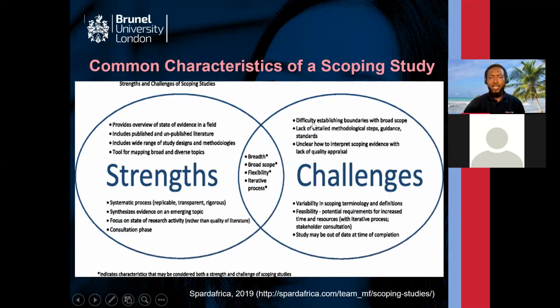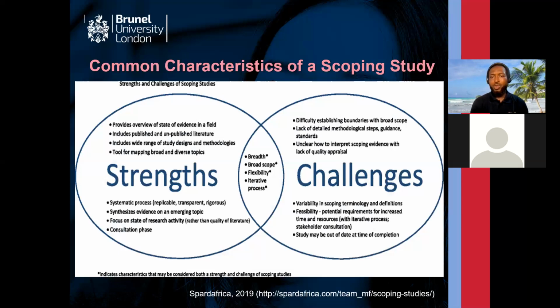Then for the challenges, it's difficult to establish boundaries with the broad scope. The scoping review can go as wide as it's not as specific or defined as you have in the systematic review. So it could be broad. It's just for you to manage how broad you think it can go. Then it lacks detailed methodological steps, guidance, and standards. I've mentioned that.